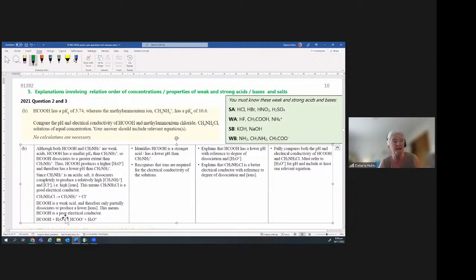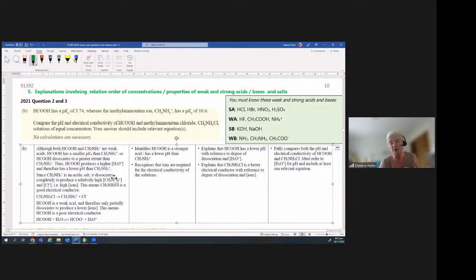Compared to a weak acid, where you use the equilibrium arrow. And again, you should be putting in your states, but they don't seem to be too fussy over here. So you'll notice you have to state whether they're weak acids or weak bases or so on. You've got to talk about the degree of dissociation. So you'll see they've said something about that.